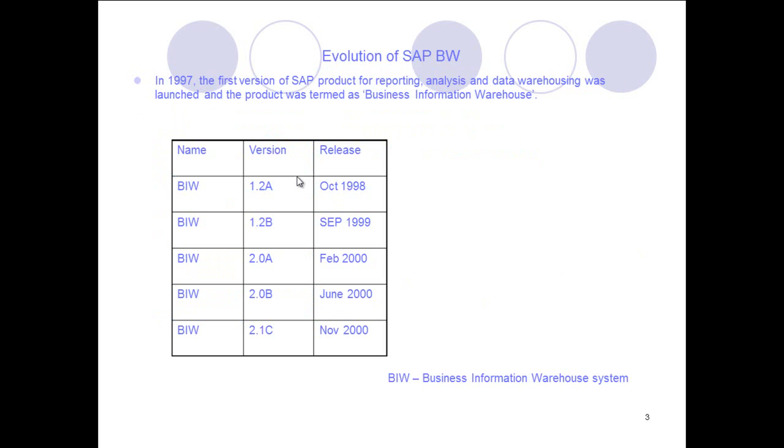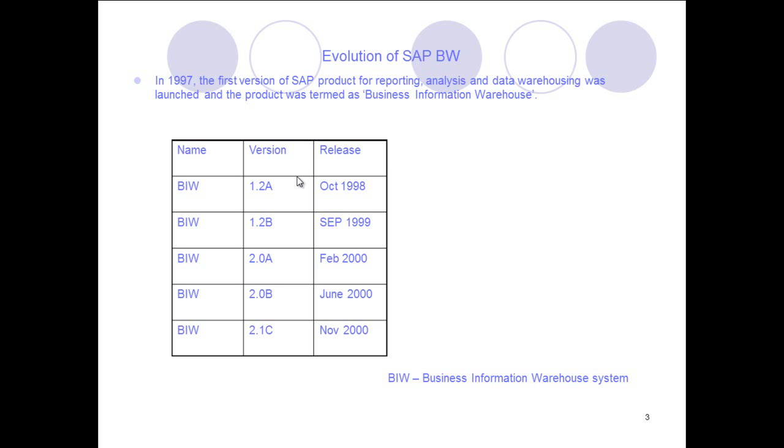Evolution of SAP BW. In 1997, the first version of the SAP product for reporting, analysis and data warehousing was launched, and the product was termed Business Information Warehouse. SAP had attempted a version of a reporting tool in 1992 itself, but it was not commercialized because it was not that efficient.